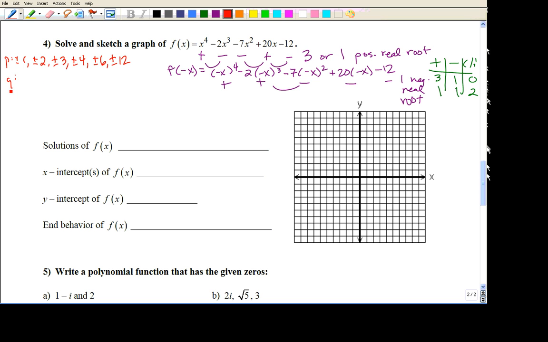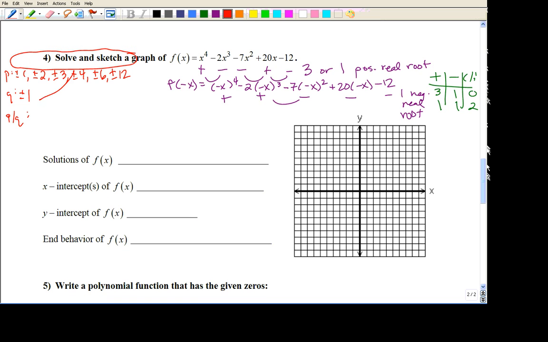For Q, those are going to be the factors of our leading coefficient, which here is just 1, so it's plus or minus 1. So our P over Q values, I don't feel like rewriting them, are all of just the P values, because we take each P value divided by each Q value, but since it's only 1, these will be the same. So, okay.